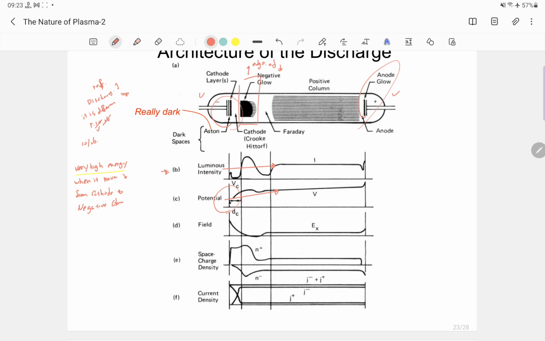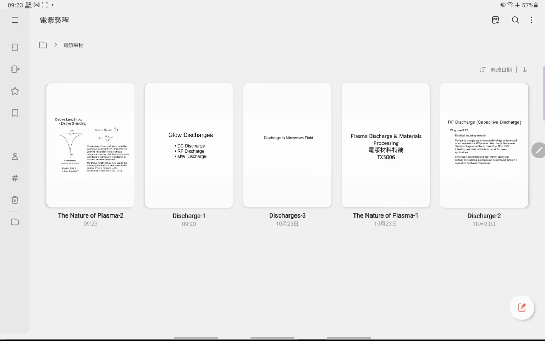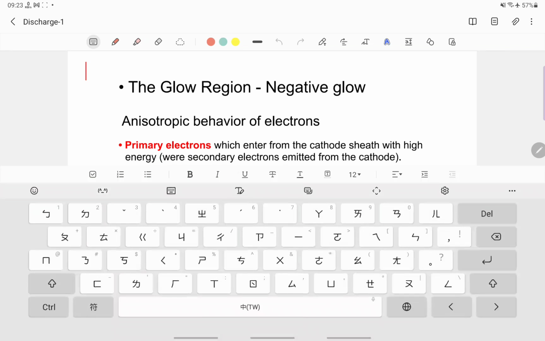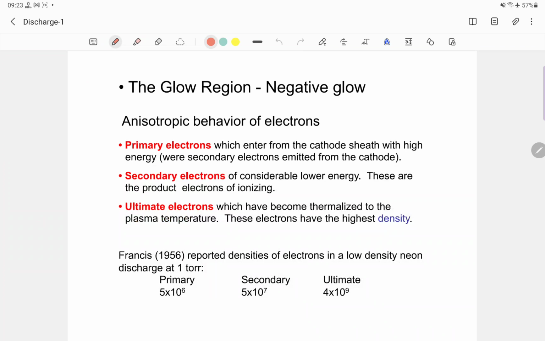So the first part of the electrons in the negative glow region is primary electrons coming out from the cathode and accelerated by the cathode sheath. When they travel across the cathode sheath and come to the edge of the negative glow, these electrons have very high energy, and these are called primary electrons.